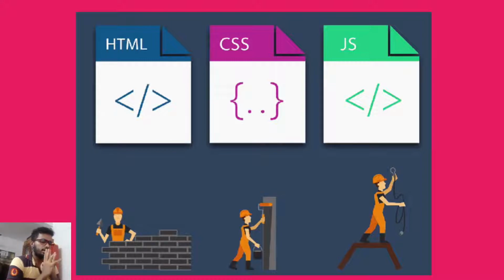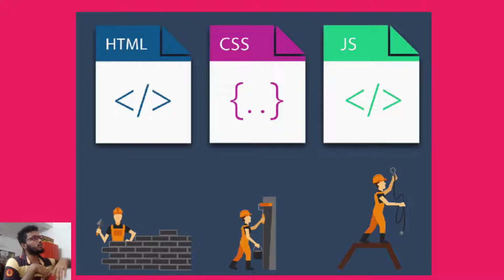Like most of us know, at least people watching this presentation know, web includes HTML, CSS, JavaScript. To understand this better, in your home you can see a wall. That wall is made up of bricks, and consider these bricks as HTML.